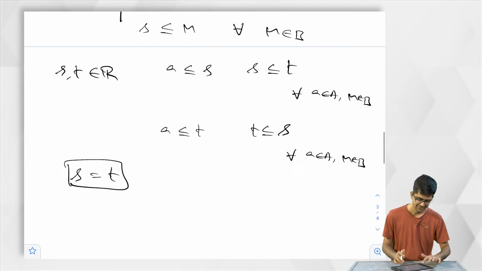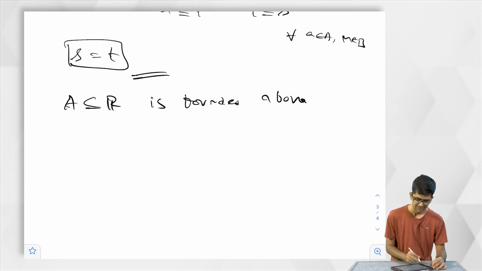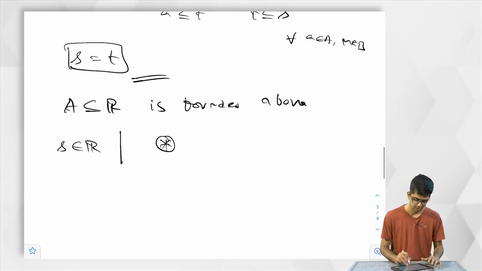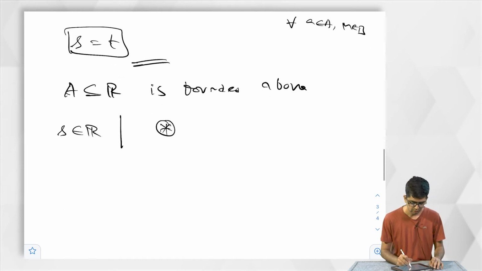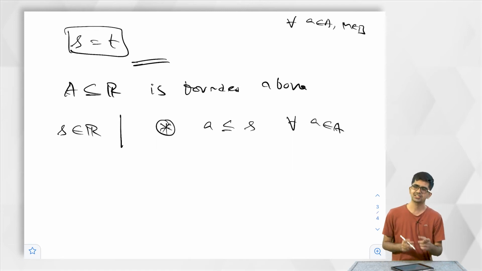Let us rewrite that. A subset A of R is bounded above, then there is a unique element S belongs to R such that, first of all, what do we have? It is an upper bound, right, that is an element of B. So, A is less than or equal to S for every A belongs to A, that is the first condition.